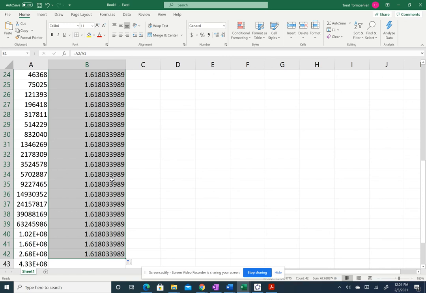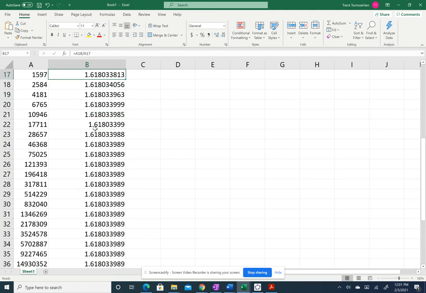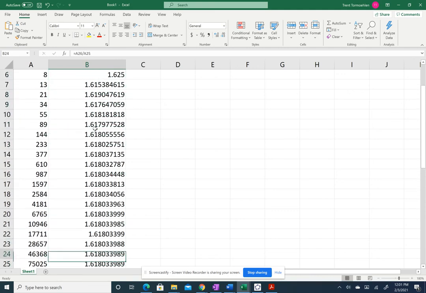If you were to type into your calculator 1 plus the square root of 5 over 2, it would give you this value. And it's interesting how quickly it gets there, right? It starts to really get there by 377. You got 4 or 5 decimal places correct. And it just gets better and better as it goes along. It gets closer and closer to this 1.618.